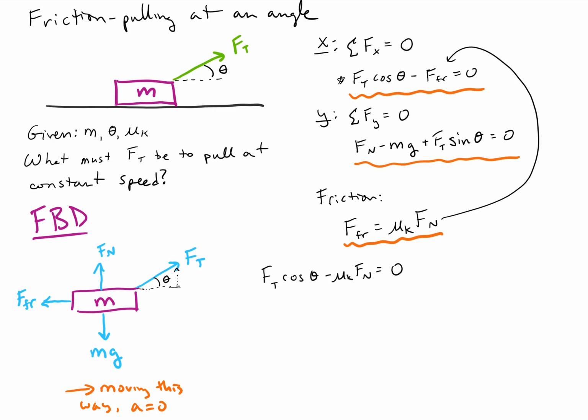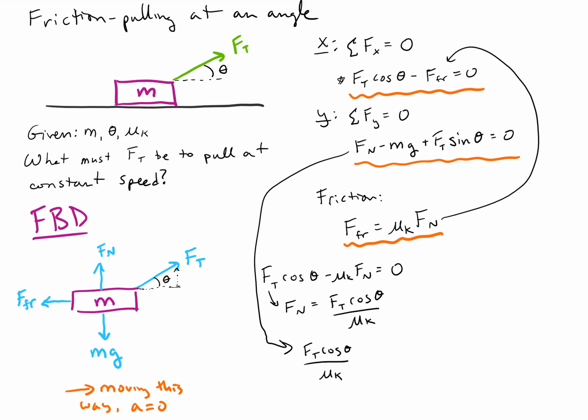Then I can solve for the normal force in this equation. So the normal force is Ft cosine theta over mu k. Then I can plug that whole thing in here: Ft cosine theta over mu k minus mg plus Ft sine theta equals 0.